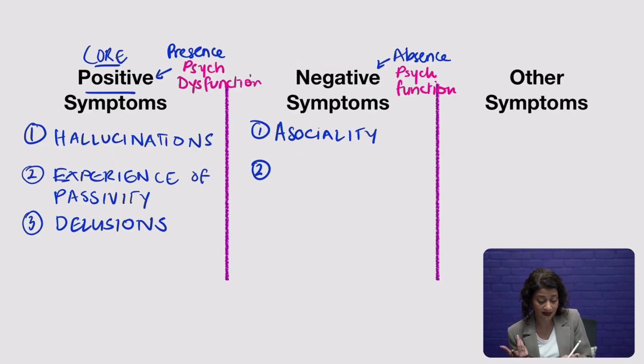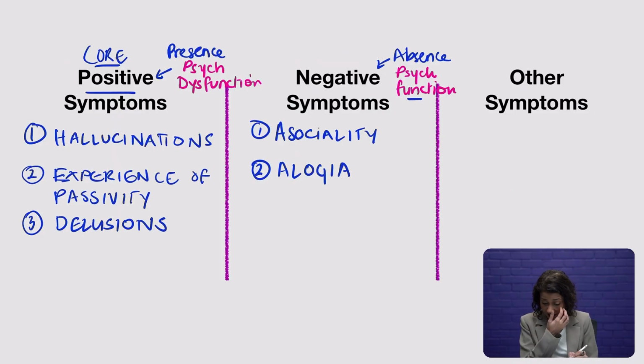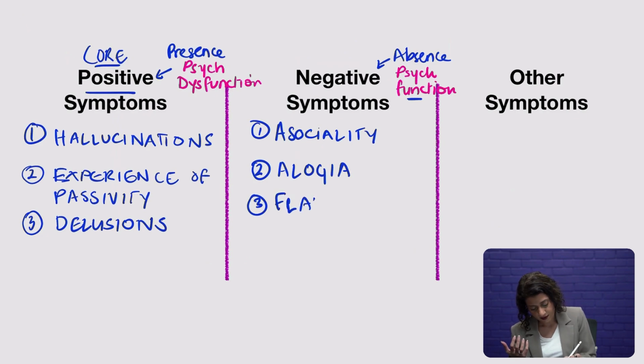Another example of negative symptoms is called alogia, where the person essentially stops talking. Again, communication or language, you'll remember this from cognition, is a really fundamental part of being a human, and so this does represent the absence of normal psychological functioning. Yet another example is something called flat affect.